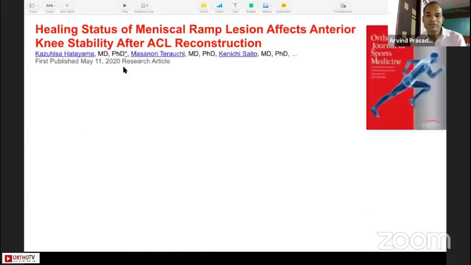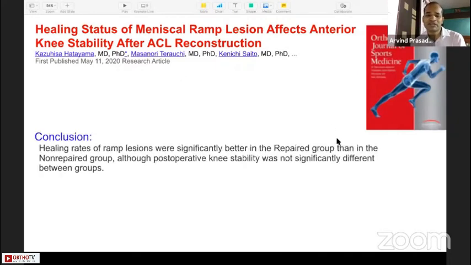Again, a research paper in 2020 about the healing status after this stability. The healing rate of ramp lesion was significantly better in those who had repair in comparison to those who had not been repaired. It means some cases that have not been repaired get healed.